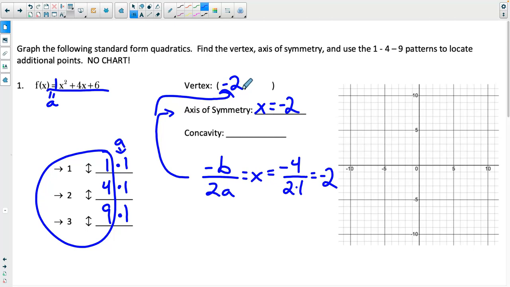-2, okay? Let's go ahead and plug that in. So I'm going to have f of -2. So I got -2 squared plus 4 times -2 and plus 6. Give me a number for that. Type it in. Push those buttons on those calculators.